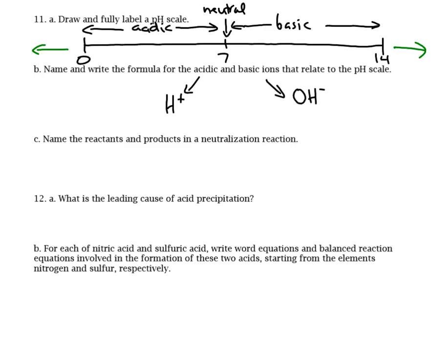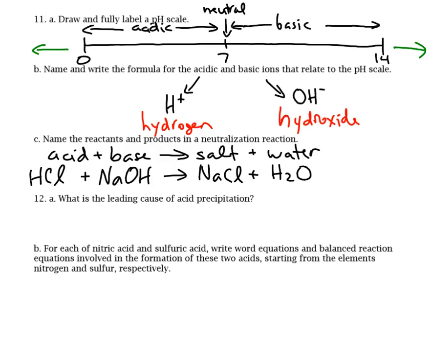The representative ion for the acidic nature of a compound is the H plus or hydrogen ion, and the OH negative or hydroxide ion. Okay, and a neutralization reaction would be taking either an acid or a base and bringing the pH into a range closer to 7.